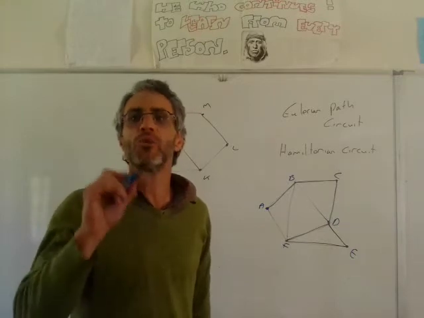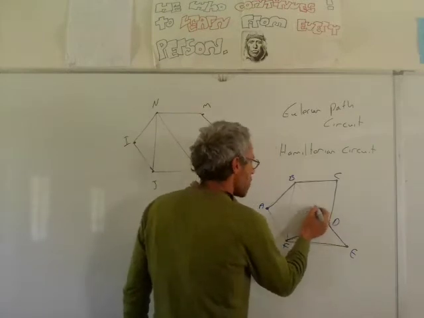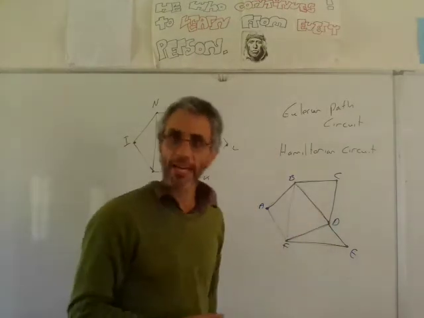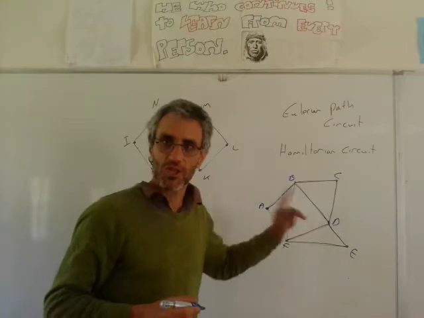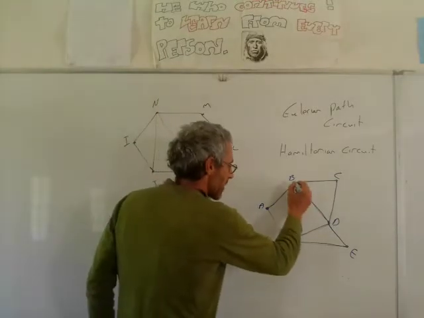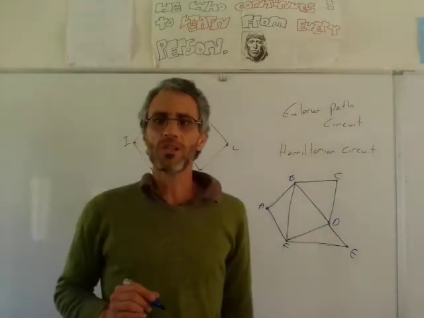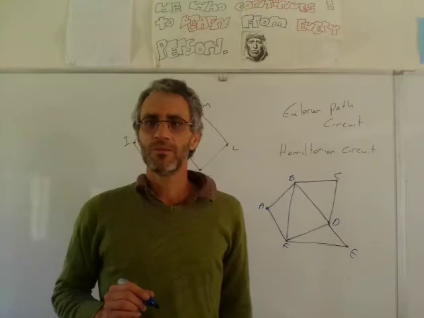It's about going through each edge once. So I went back to D, and again, I can visit a vertex more than once, I'm not allowed to visit an edge twice. Going back to F, going back to A. So that was an Eulerian circuit.